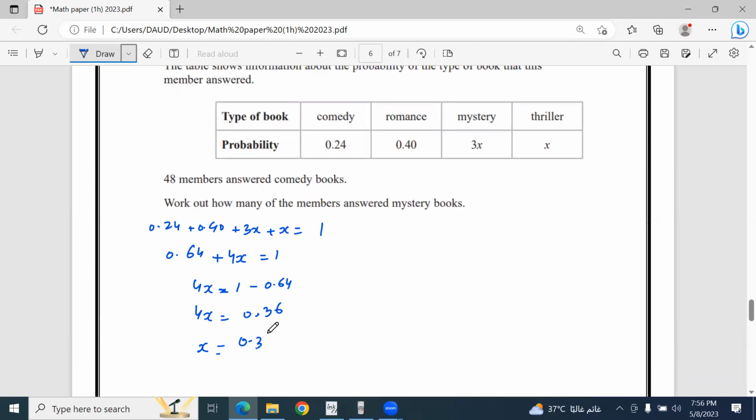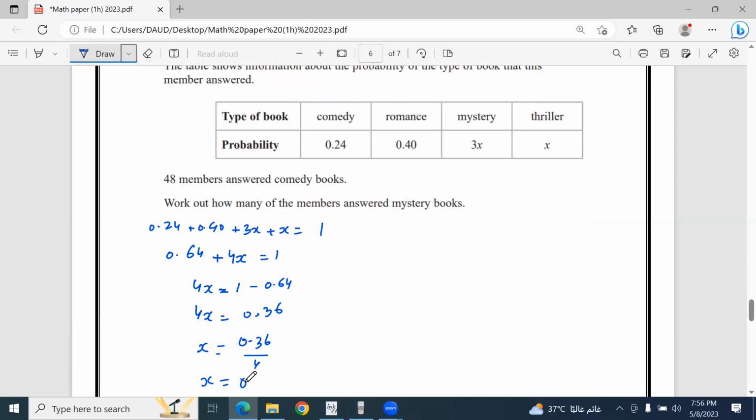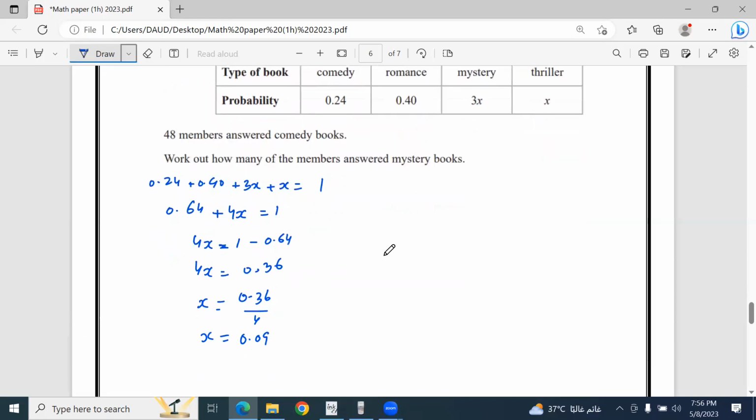So 0.36 divided by 4, you can check in the calculator also. It would be 0.09. So this is x.